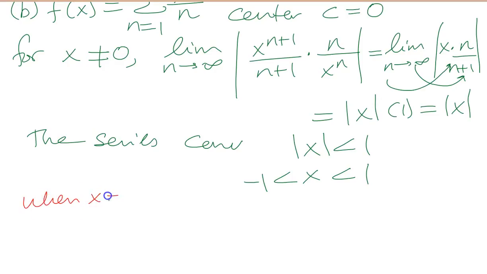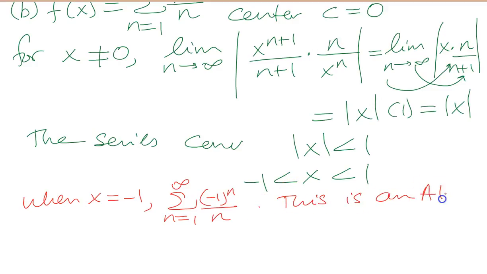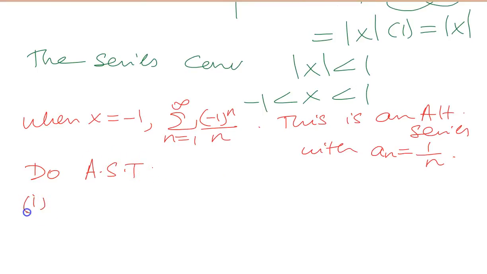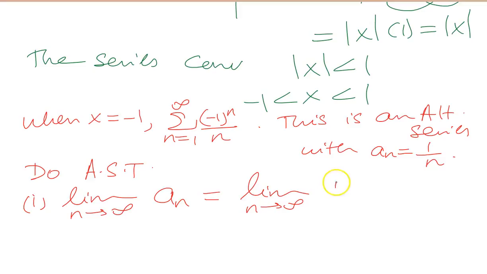Okay? When x is -1, guys, your original f of x becomes (-1)^n over n. Okay? This is an alternating series with a_n equal to 1 over n. So let's do the alternating series test on this. By now you should know what the result is going to be. Two conditions need to be checked. Limit as n goes to infinity of a_n, that is limit as n goes to infinity of 1 over n, that is 0.